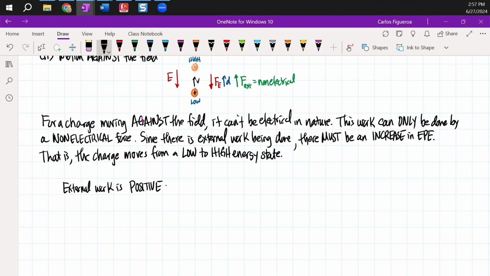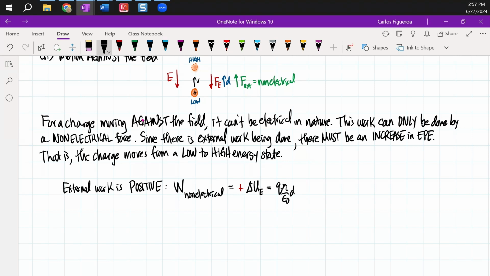So that means that if I have work that's non-electrical, then that has to have a positive increase in the electrical potential energy. And we already know what that is, because that should be Q eta over epsilon D.